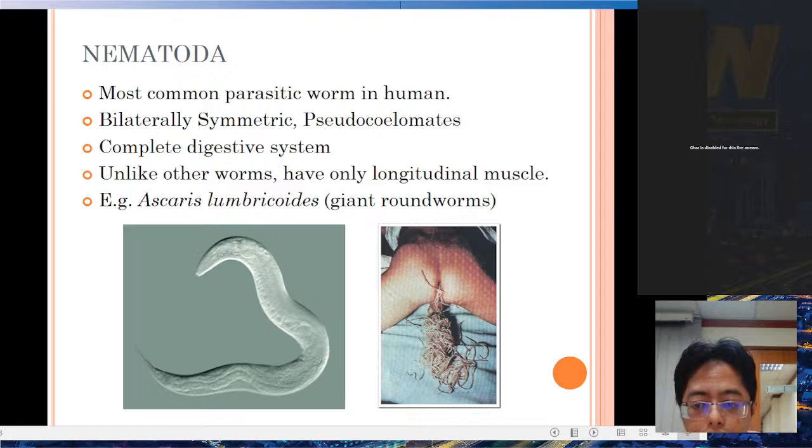For example, here you can see on this unfortunate patient, it is not noodles, it is actually Ascaris lumbricoides, or the giant roundworm. They are able to infest a human, and usually the major sign of infestation is that the baby or child would feel itchy in the bottom and would scratch.